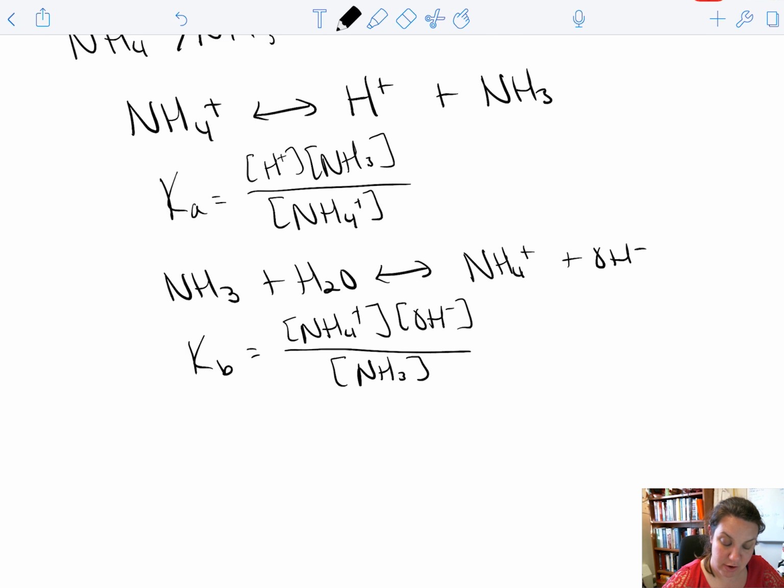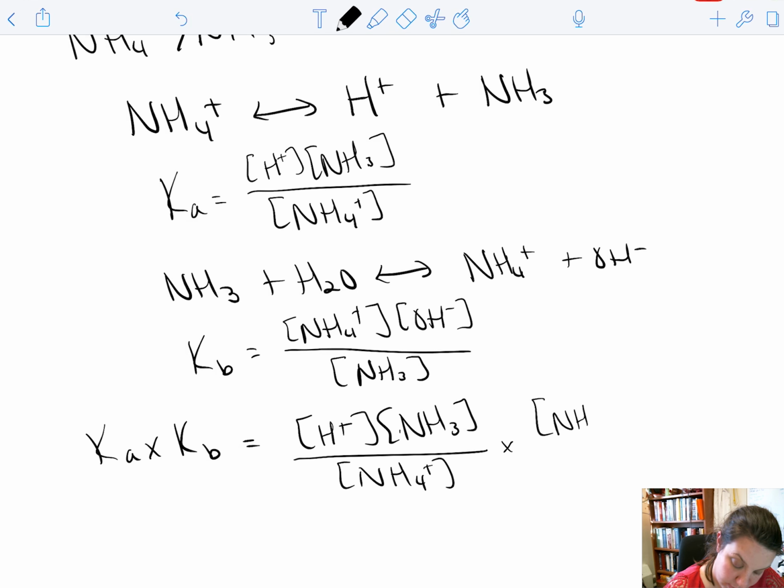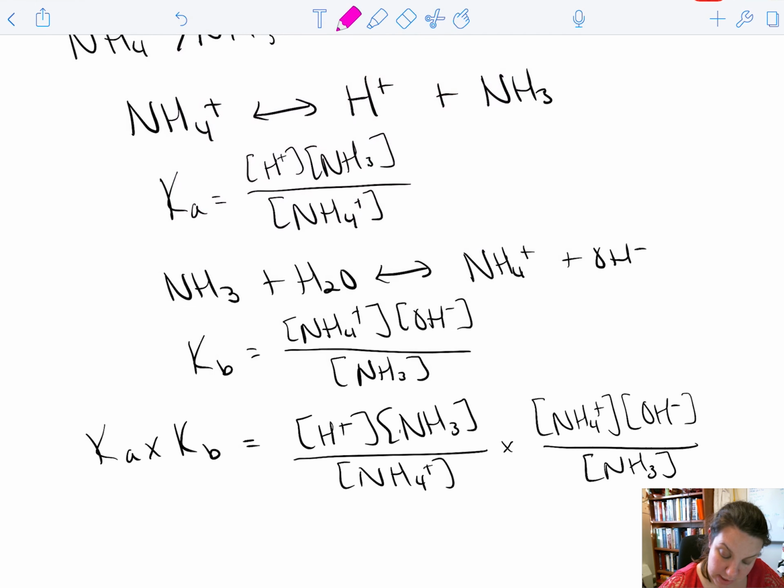And then if we take our Ka value, multiply it by our Kb value, so taking what Ka and Kb equal and multiplying by each other, we see that we can cancel out some things.